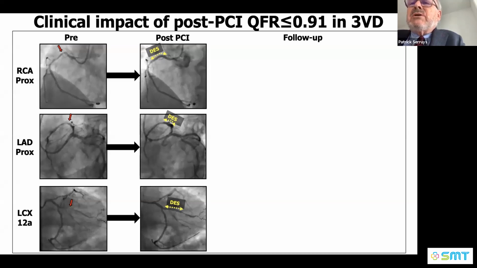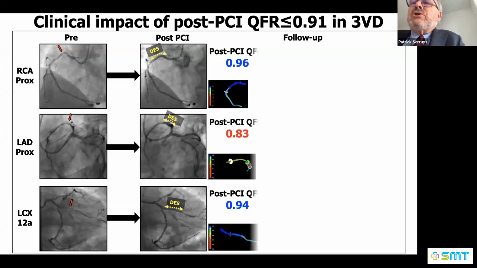You could see that there is a major step up and step down. The circumflex was very nice. Now, what was the QFR after the procedure in this case? 0.96 for the right, fantastic. 0.94 for the circumflex, beautiful, but 0.83 for the LAD. And what happens in the follow-up is next.